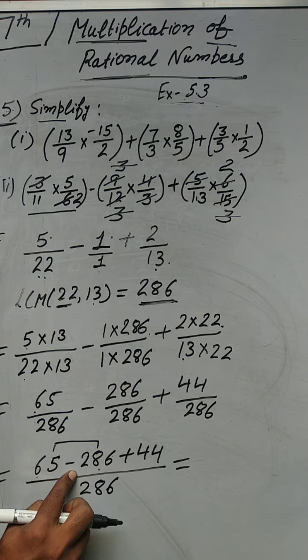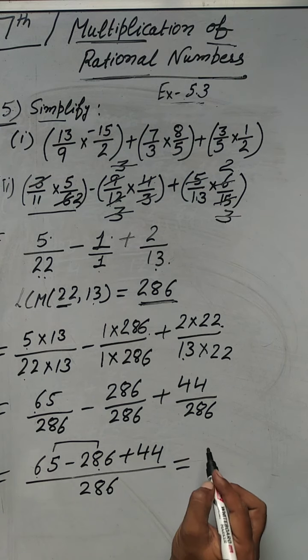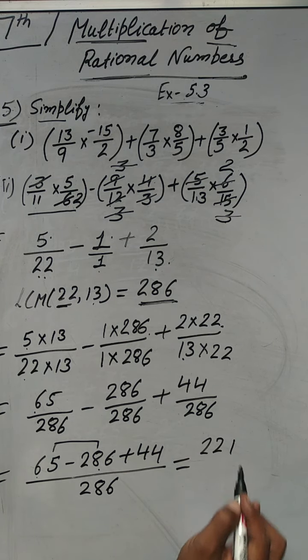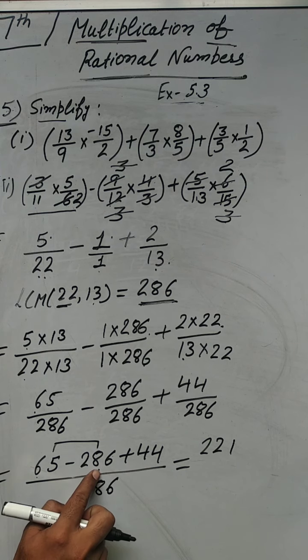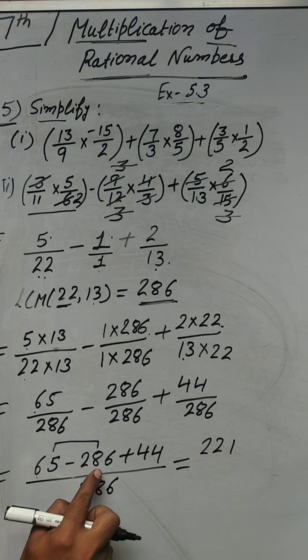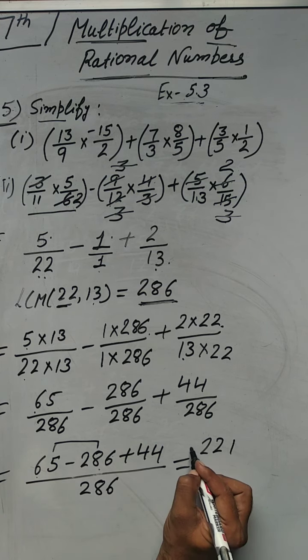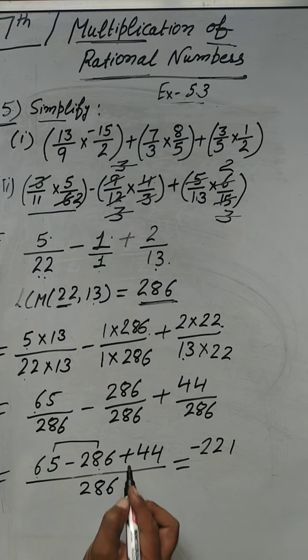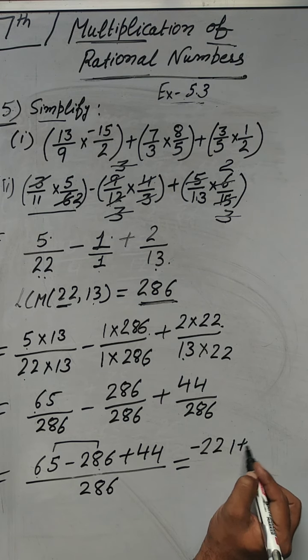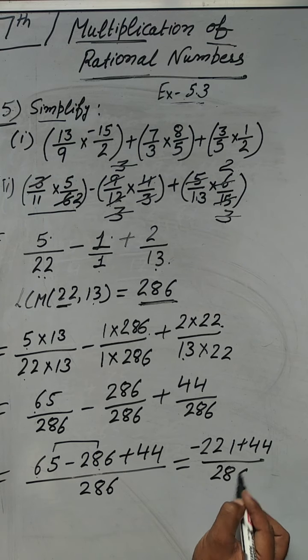We will subtract them. 286 minus 65 is equal to 221. And what will be the sign? Sign of the greater number. From 65 and 286, which is greater? 286 is greater, its sign is negative, so here will be the sign of a minus. And the last number is beta plus 44 upon 286.